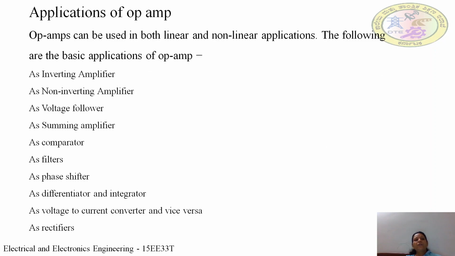Let's discuss the various applications of operational amplifiers. As we all know, op-amps can be used to amplify both AC as well as DC signals and can be used in both linear and non-linear applications as well. The following are a few basic applications of operational amplifiers.